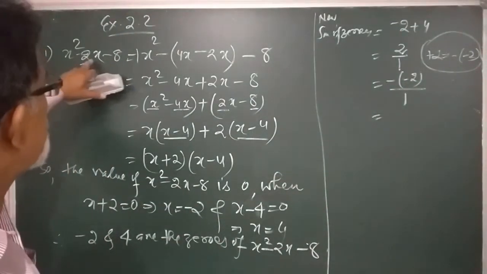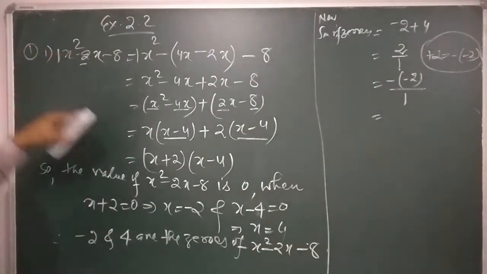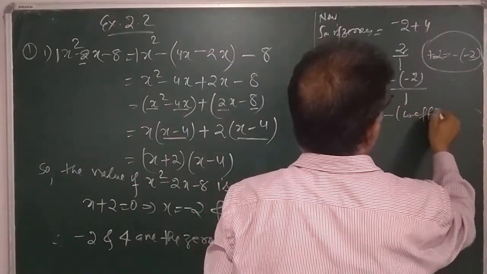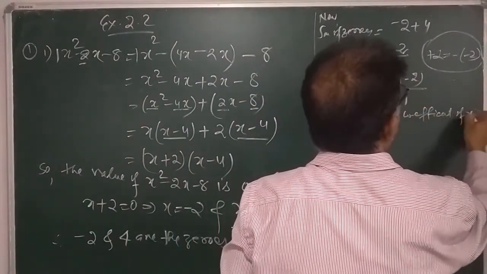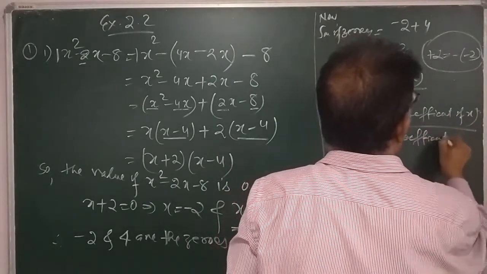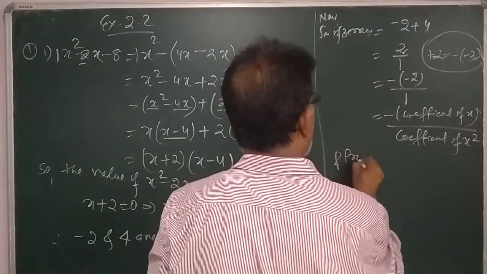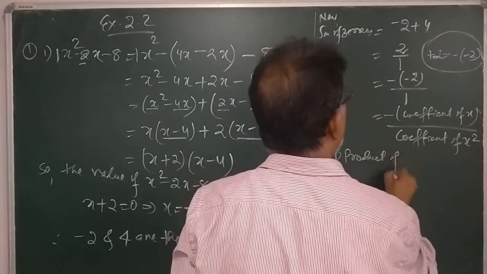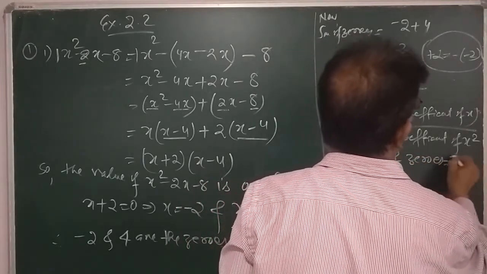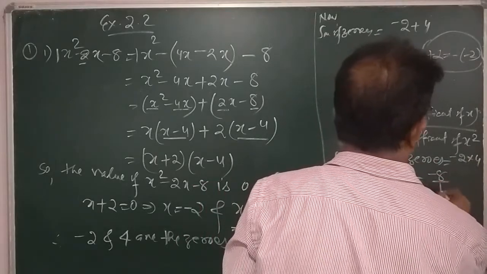Now let us go to the polynomial. Minus 2 is the coefficient of x and 1 is the coefficient of x square, and therefore we will write here minus coefficient of x by coefficient of x square. And product of zeros equals minus 2 into 4, which implies minus 8 by 1.